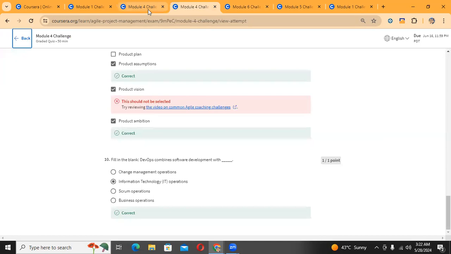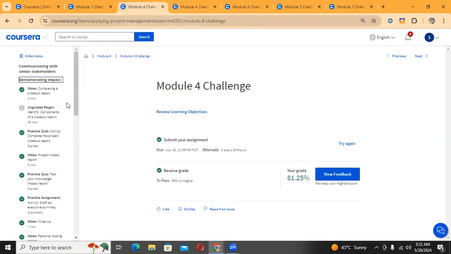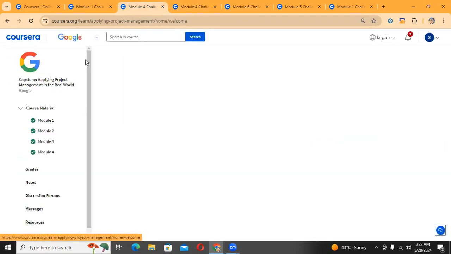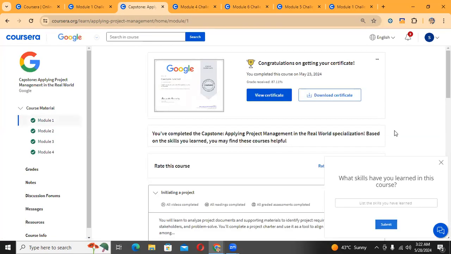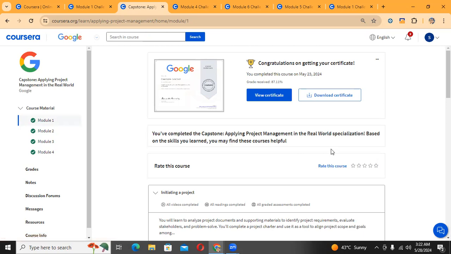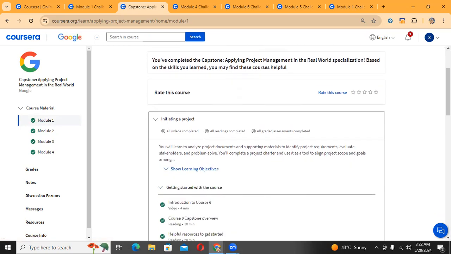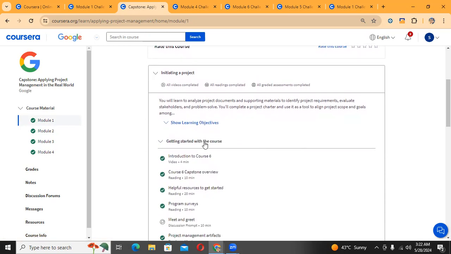So let's do the last course. I have a shortage of time, so I am just overviewing it quickly. This module involves defining the project purpose, scope, objectives, and stakeholders.